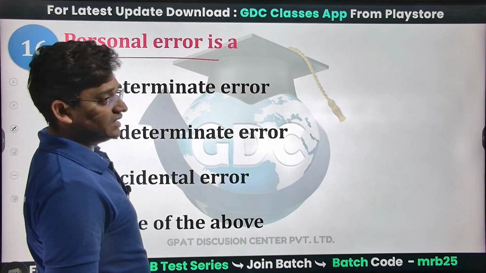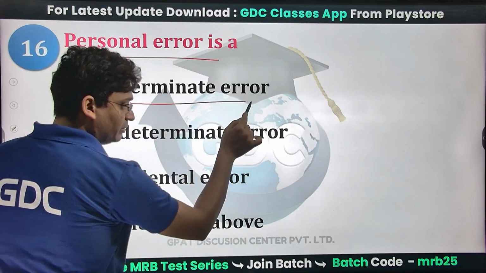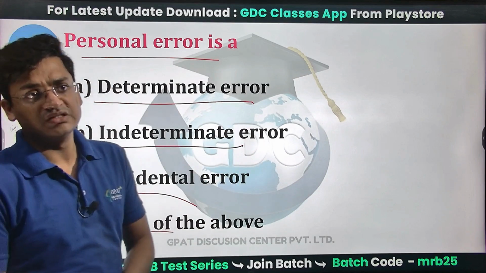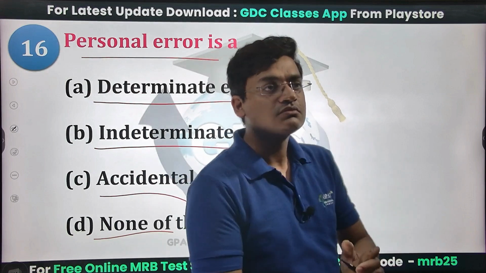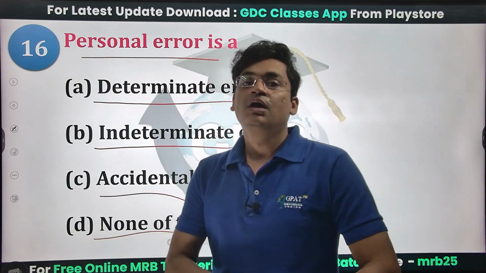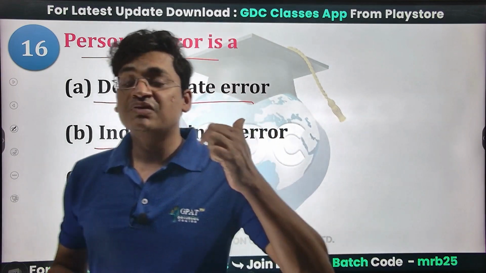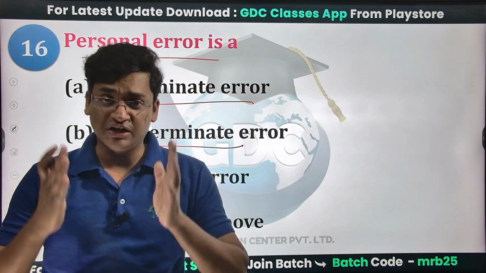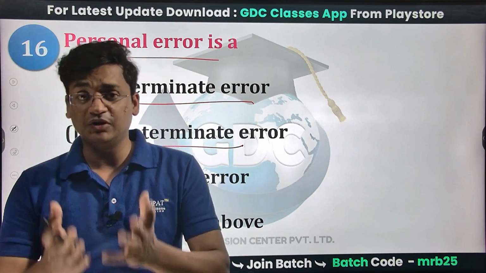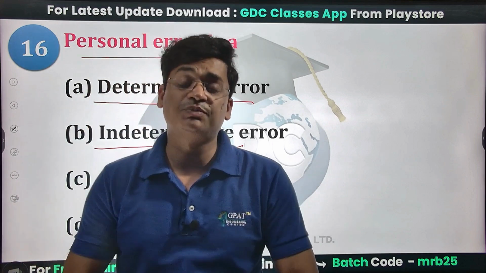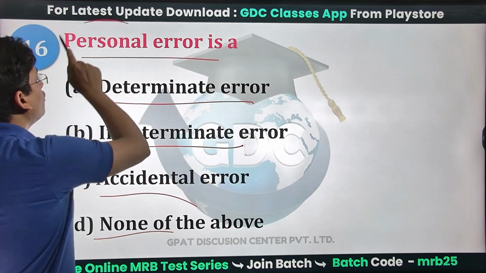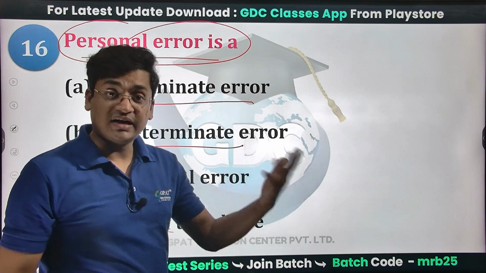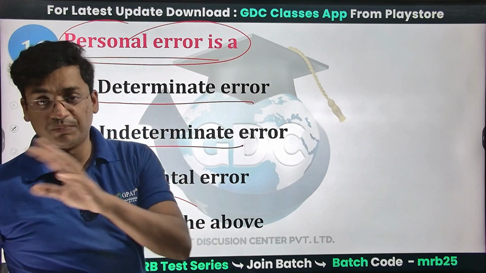Personal error is a determinate error, indeterminate error, accidental error, or none of the above. Personal errors are errors caused by carelessness of an analyst who is not performing the test with proper attention and focus. These kinds of errors can be corrected if the analyst takes proper care.